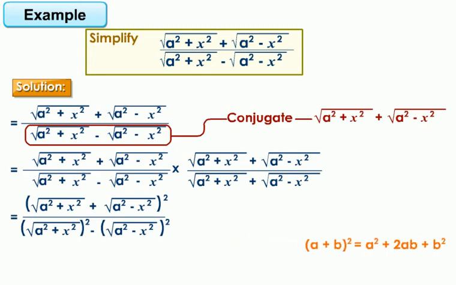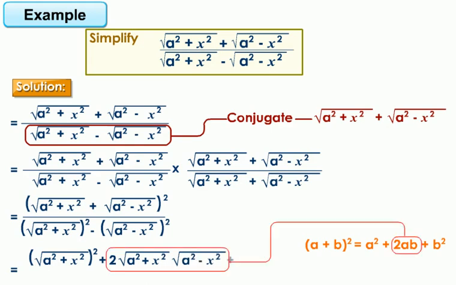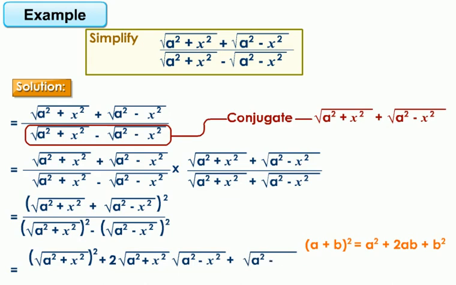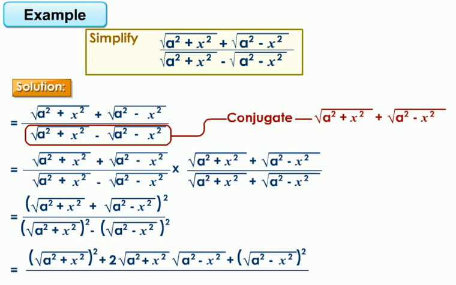as (a plus b) whole square is equal to a square plus twice ab plus b square. In numerator, we have (under root a square plus x square) whole square plus twice under root a square plus x square under root a square minus x square plus (under root a square minus x square) whole square, as (under root a square plus x square) whole square is equal to a square plus x square, and (under root a square minus x square) whole square is equal to a square minus x square.